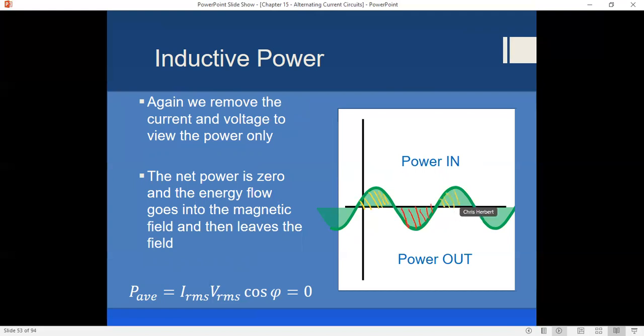And then the magnetic field builds up, and then the magnetic field dies down again, okay? So if I simply had a solenoid sitting there, just like the capacitor, hooked up to the circuit, we're going to say that there's no resistive losses. That is going to absorb energy and then dump the energy back, okay? The net result is 0 power usage.